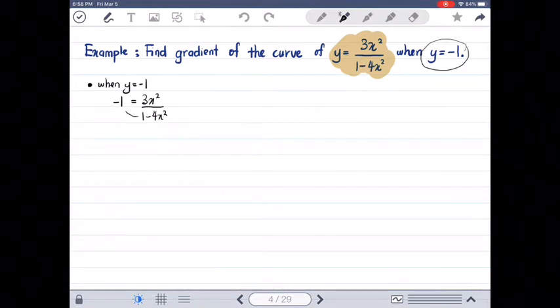So bring that to the left hand side. We will get -1 plus 4x squared equals 3x squared. So x squared equals 1.